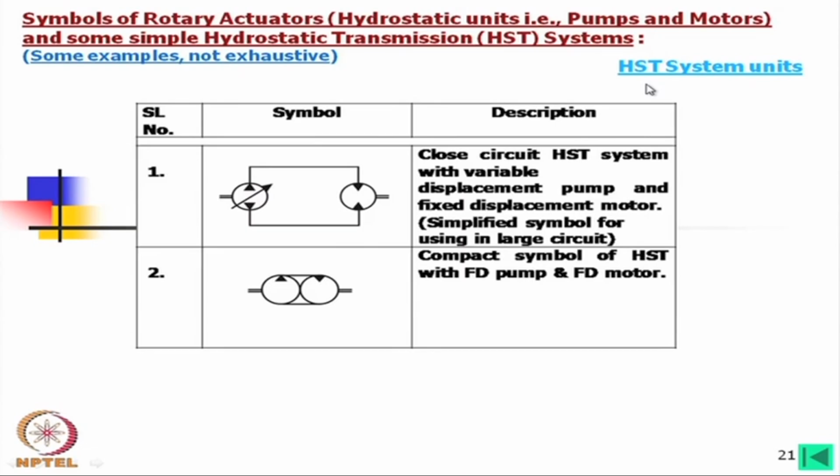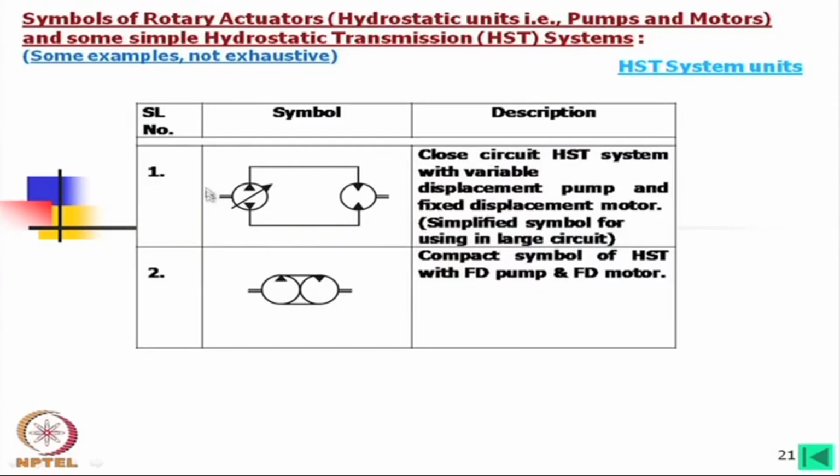Total hydrostatic transmission means there is a pump and there is a motor. Now, if it is connected like this, this is a closed circuit. All systems where there is a pump and an actuator with a directional valve are also hydrostatic transmissions, but that is an open circuit.